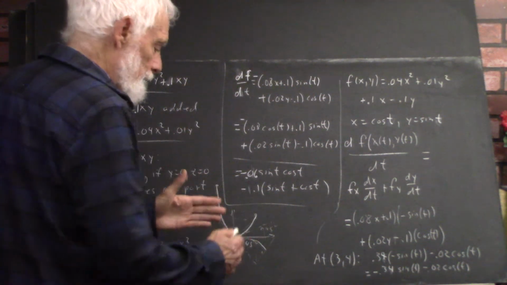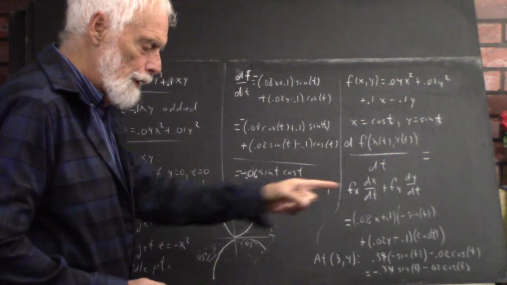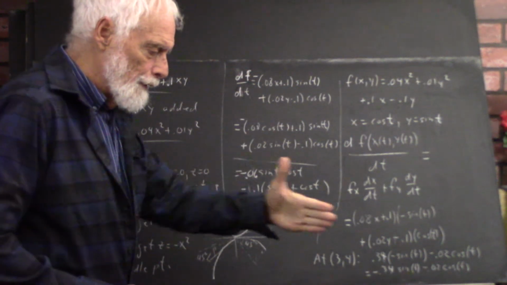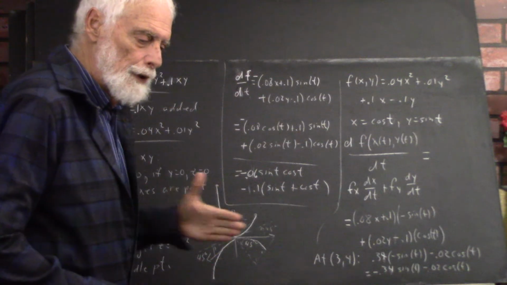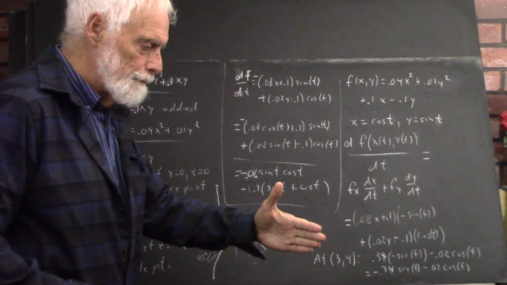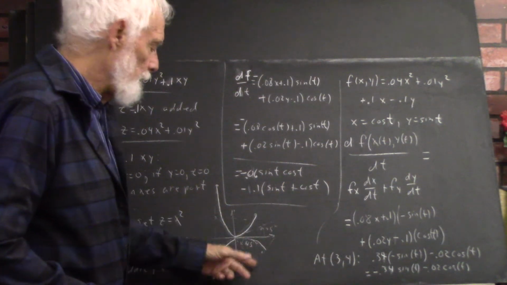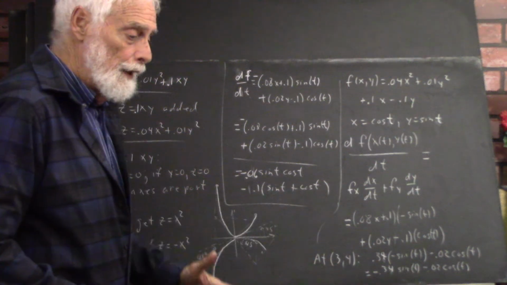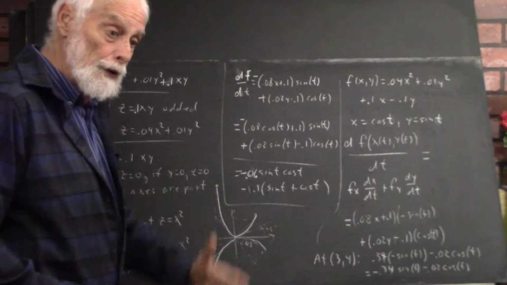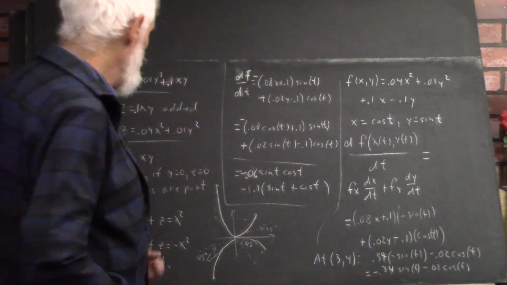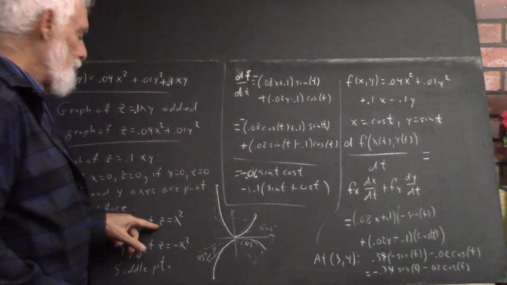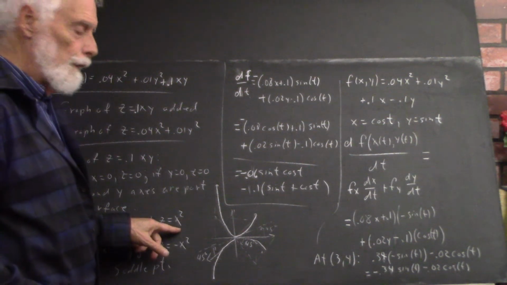Okay, so if x is here, y is here, and z is here, this 45 degree line is in the xy plane, and we're going to cut the surface this way. And when we do, the value of z is going to be equal to the value of x squared.